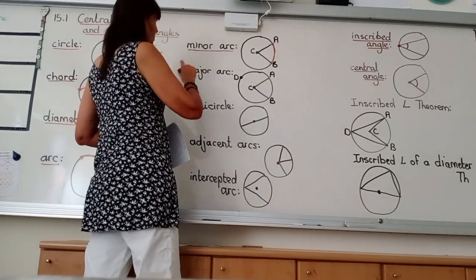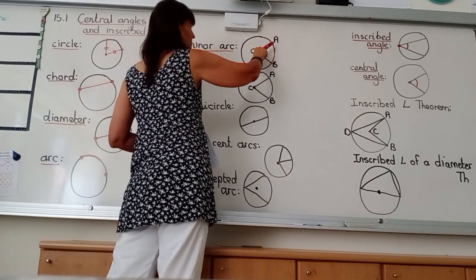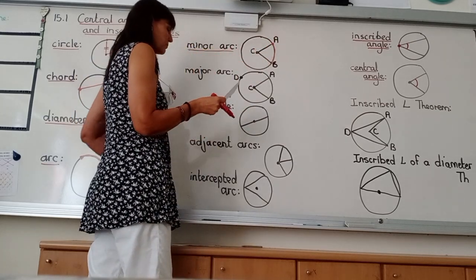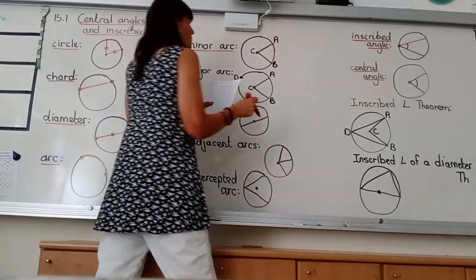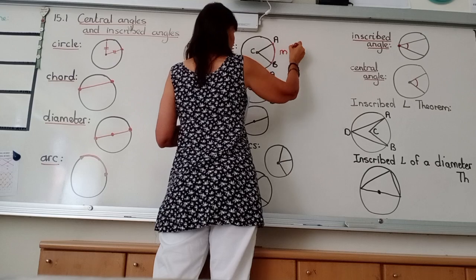So back to this one, when we work with a minor arc, it will be part of this central angle, formed by the central angle. We can measure this minor arc.